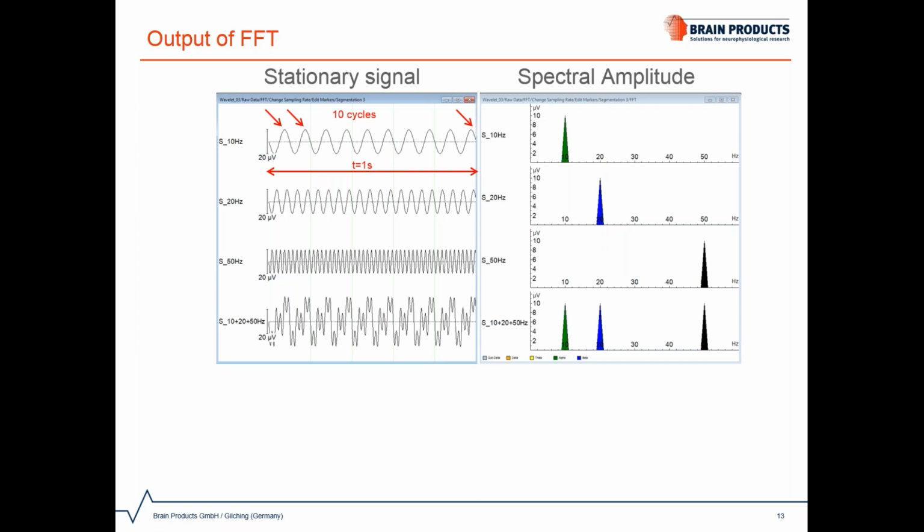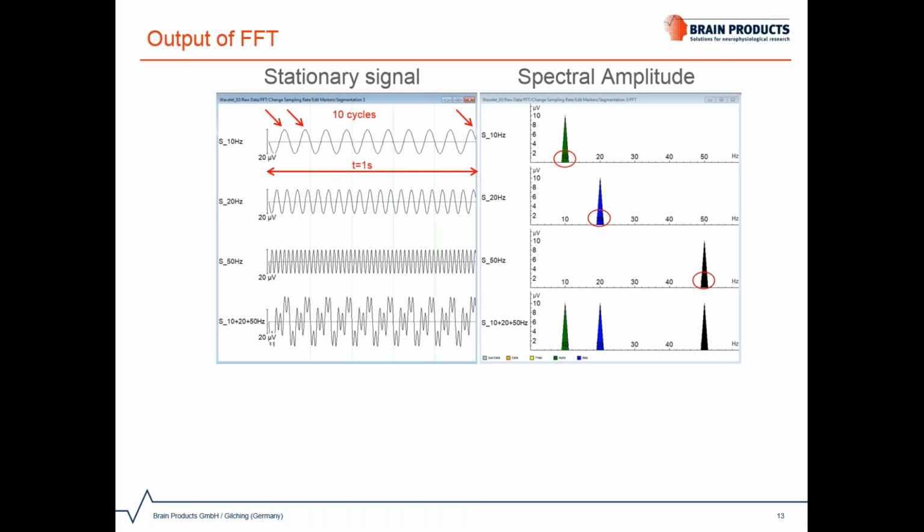And that is what is shown in the frequency domain representation, a dedicated peak of spectral amplitude at the corresponding frequencies of the sinusoidal signals. This means for the first signal, a peak at 10 Hz, for the second signal, a peak at 20 Hz, and for the third, a peak at 50 Hz. In the case of the last signal, we see 3 distinct frequencies at 10, 20, and 50 Hz, indicating that the signal consists of 3 distinct frequency components.